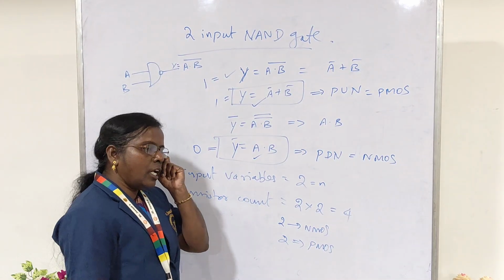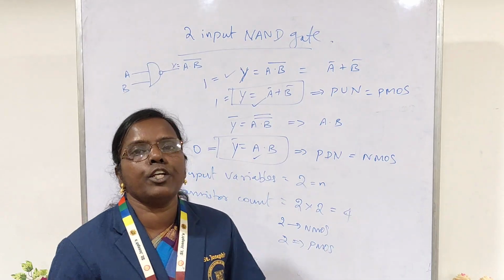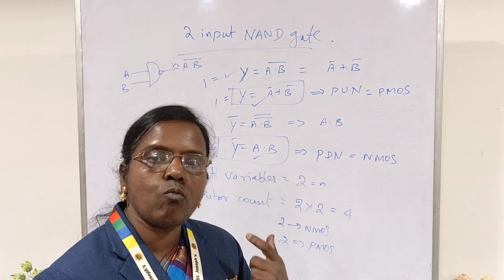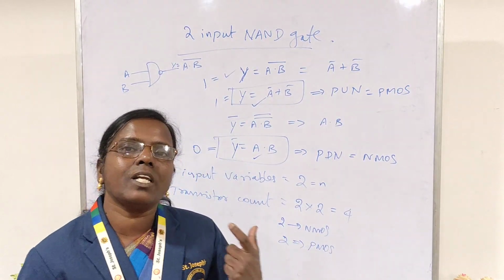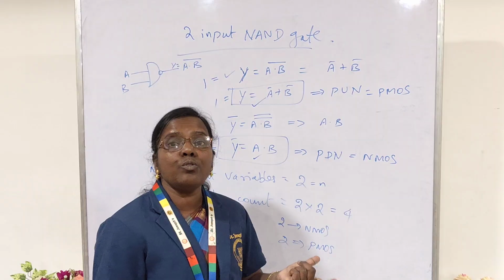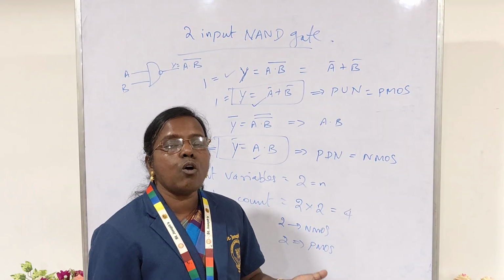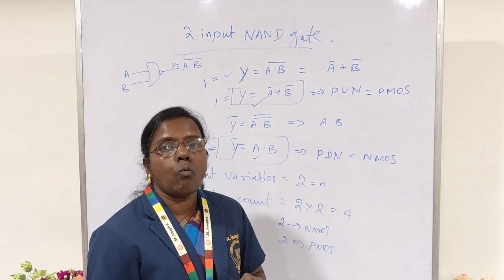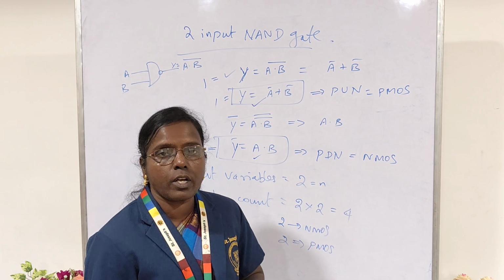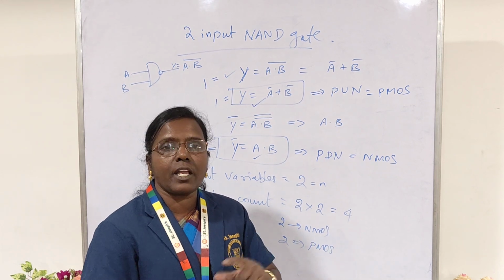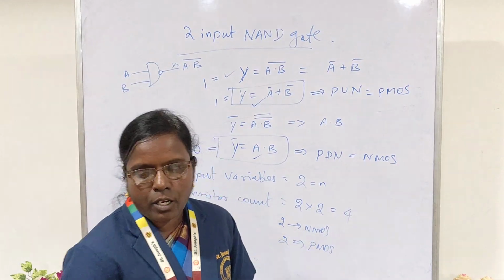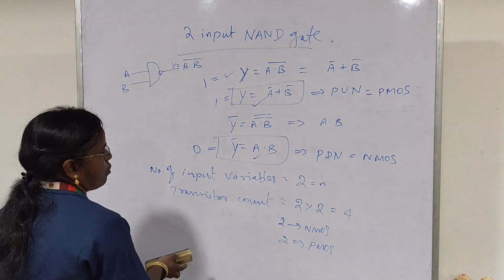Okay, so in the pull down network itself we are going to use more than 1 transistor. If more than 1 transistor is going to be connected in the pull down network and pull up network, how can they be configured? Suppose 2 NMOS transistors are connected in one network, how can they be combined together? That's the thing we are going to check.